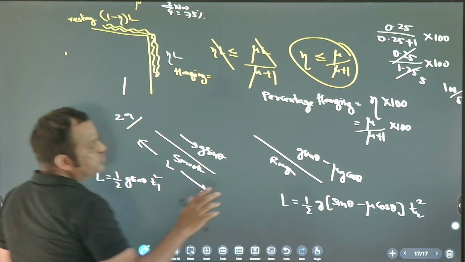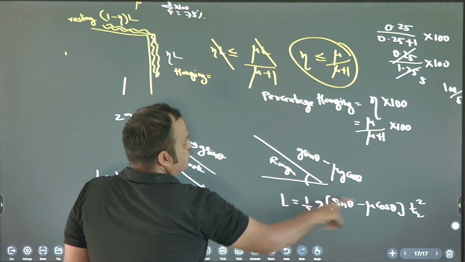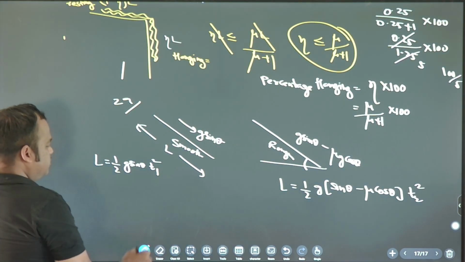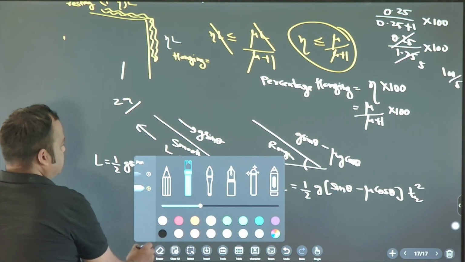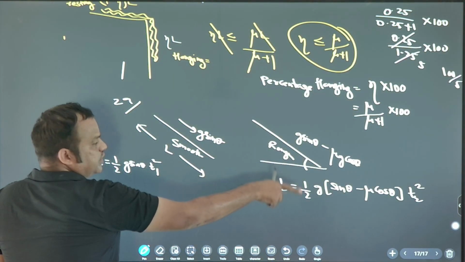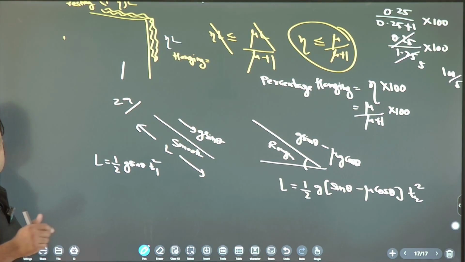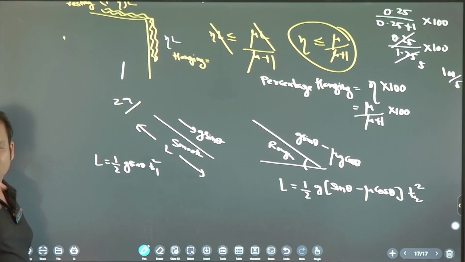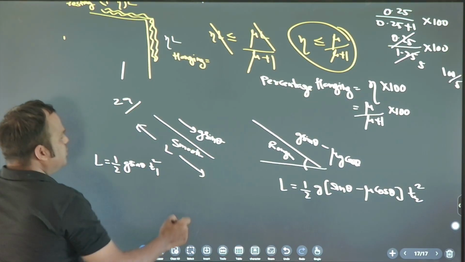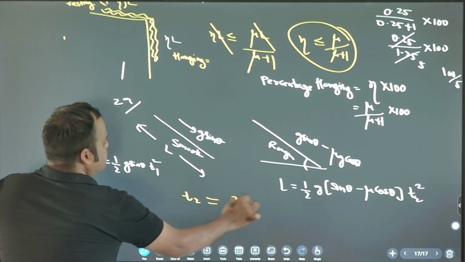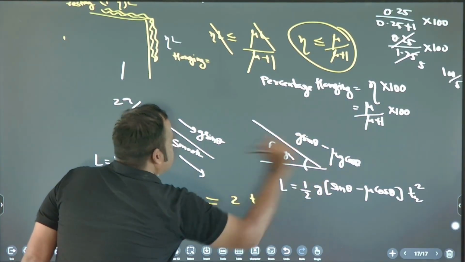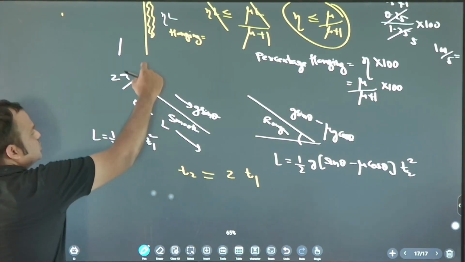T1. Rough surface, how much time taking? T2. Now, according to the question, what is the relation T1, T2? Twice. Which is twice? T1 is twice of T2 or T2 is twice of T1? Very good. T2 is twice of T1. Correct. Rough surface, it will come slow. A smooth surface comes fast.